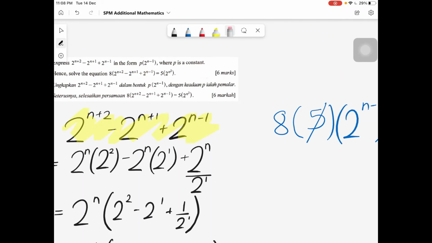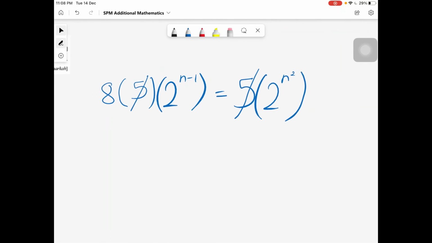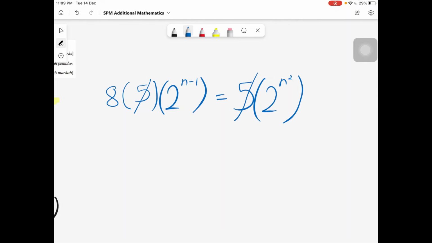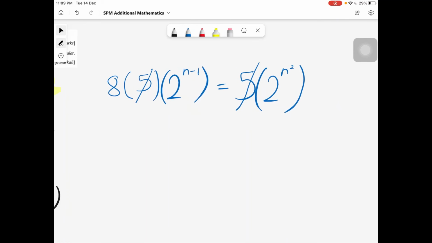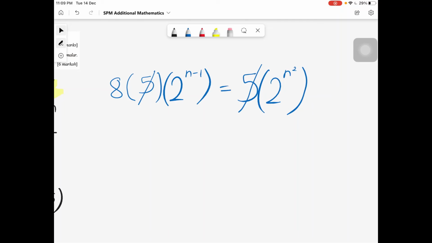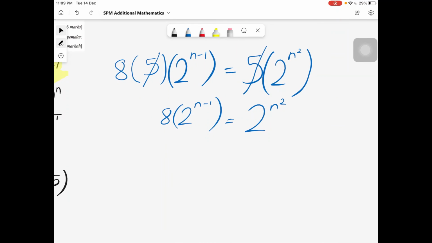You can learn this with practice. Practice enables you to look at the equation in a wide sense, with a wide field of vision. So let's summarize what we have after we cancel out the 5, 2 power n squared.